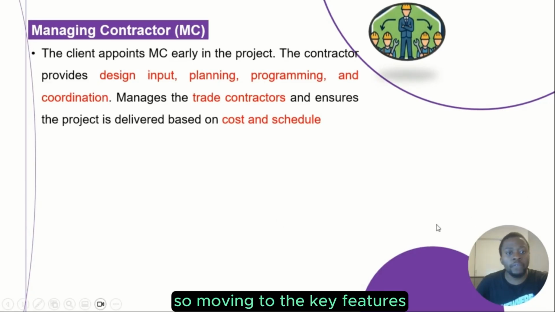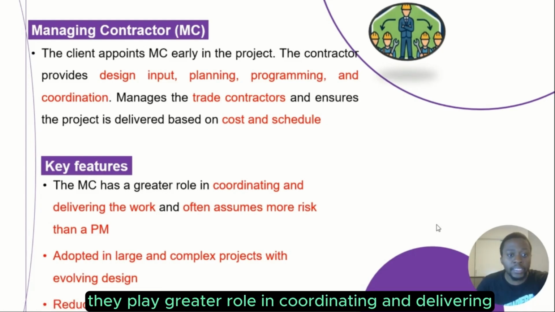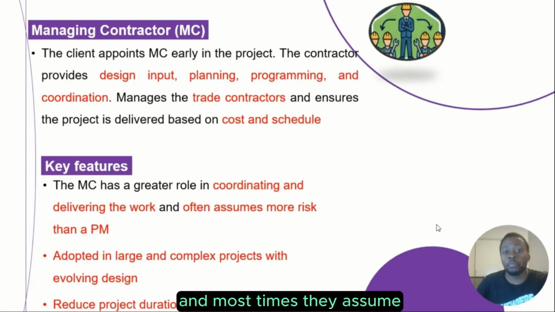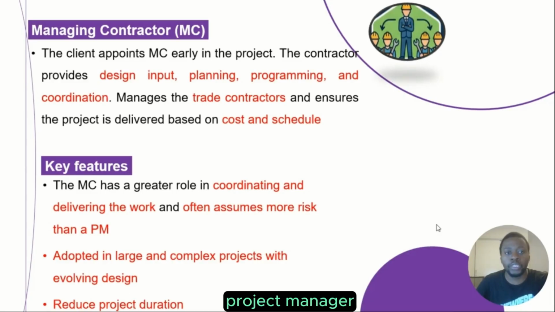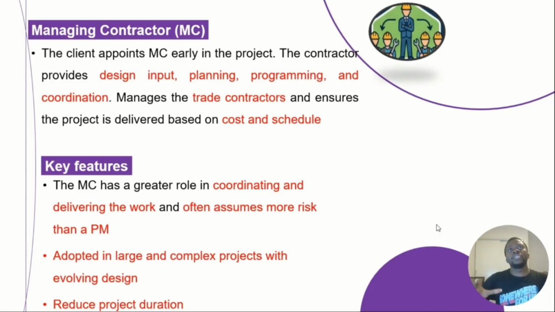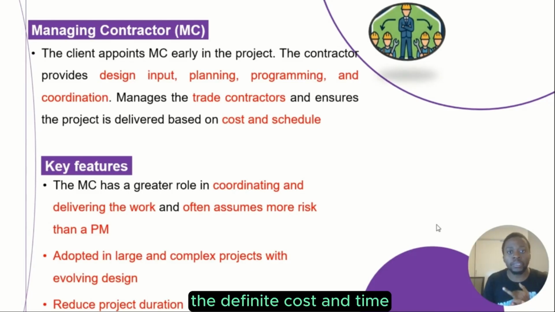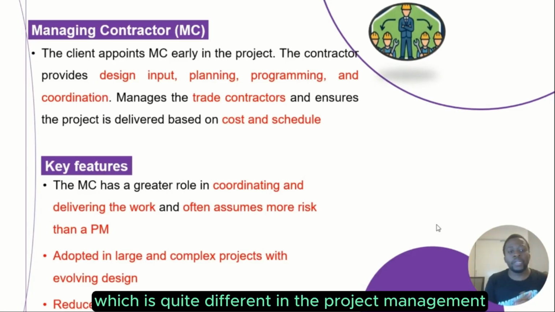So moving to the key features, one of the key features of the managing contractor is that they play a greater role in coordinating and delivering the work. And most times they assume more responsibility or more risk than the project manager. The risk in completing the job at the definite cost and time is more on the managing contractor, which is quite different in project management.